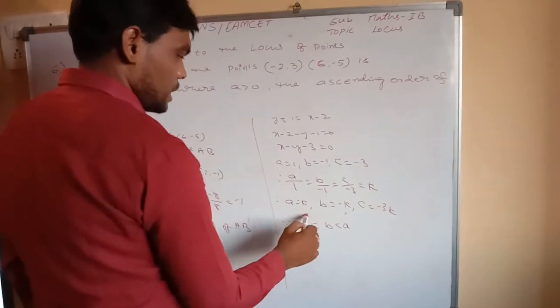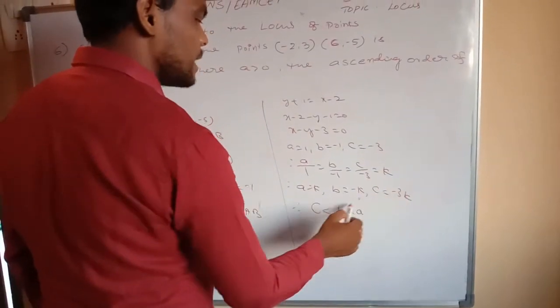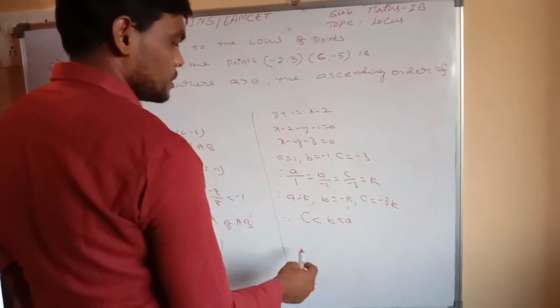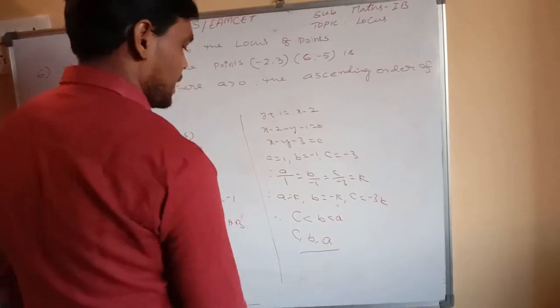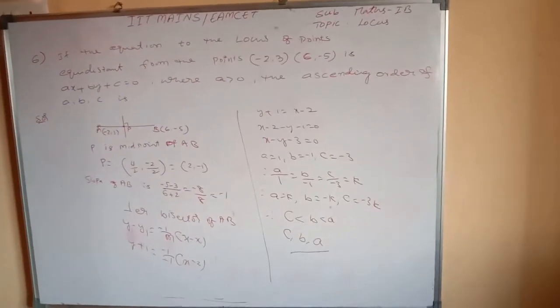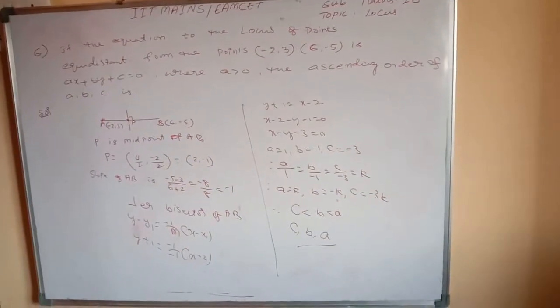That means b is greater than c, and a is greater than b. The smallest value is minus 3k, and the other value is minus k, and the other is k. Now the ascending order is c, b, a. Now the answer is c, b, a.